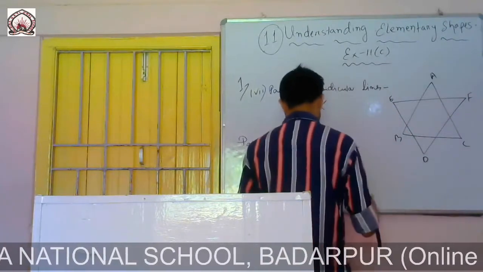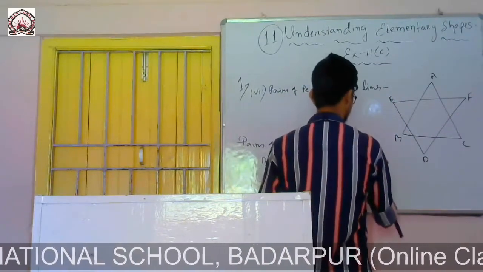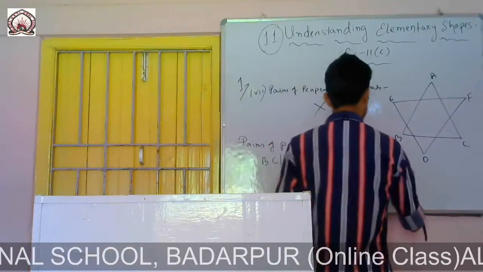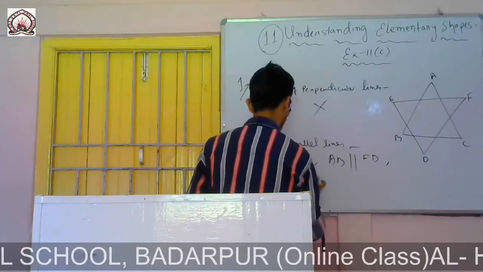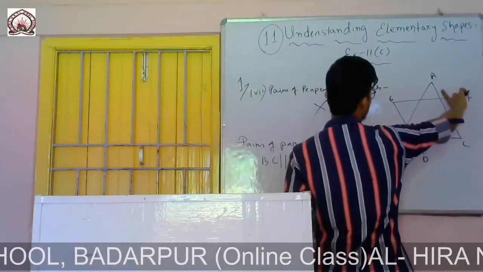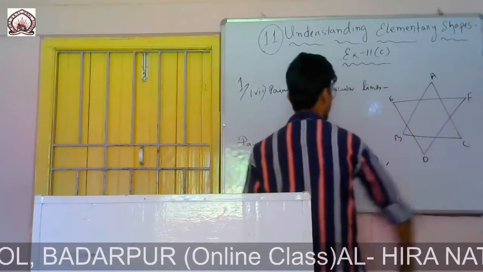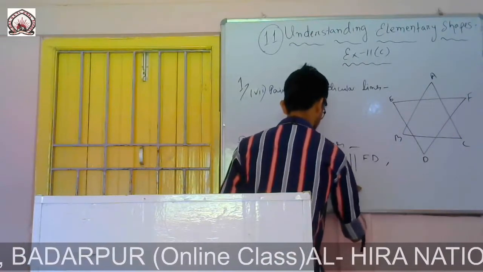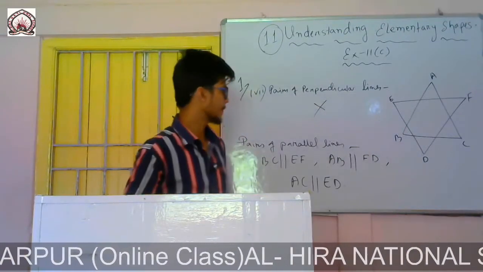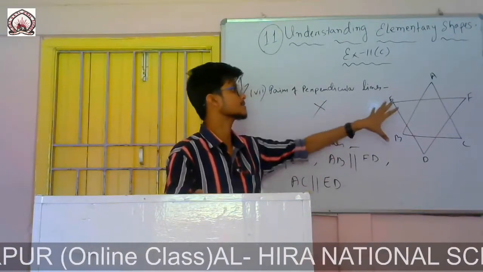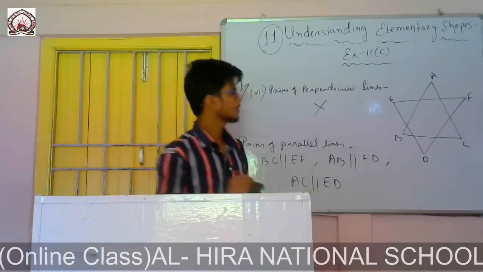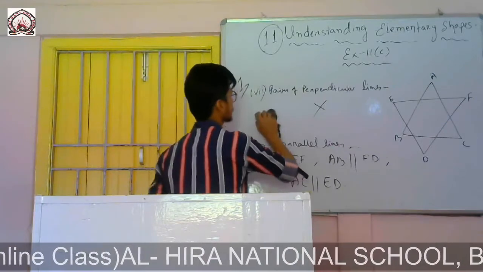Then AC is parallel to ED. So these are the pairs of parallel lines, but in this case there are no perpendicular lines.